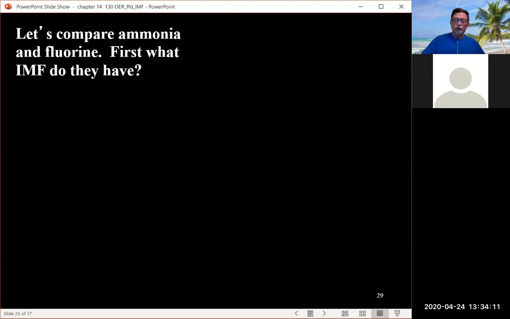All right, so let's compare two compounds here, ammonia and fluorine. First of all, we need to write the formula, okay? Ammonia is NH3, and if you do the Lewis dot structure on that, guess what? You get a lone pair on the nitrogen. What does that tell you? Very polar.